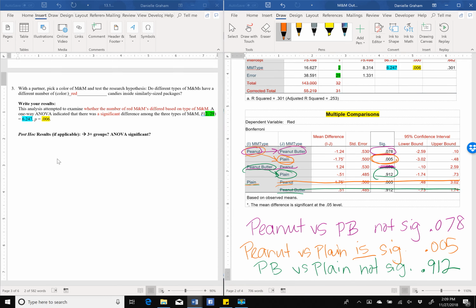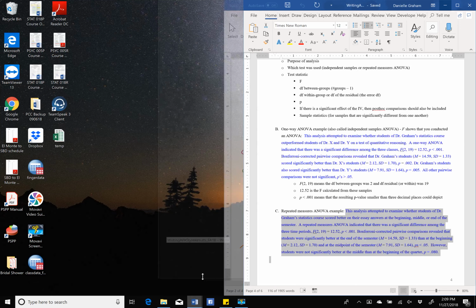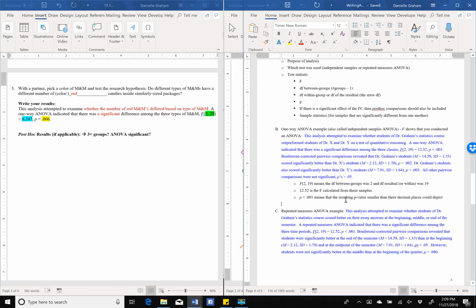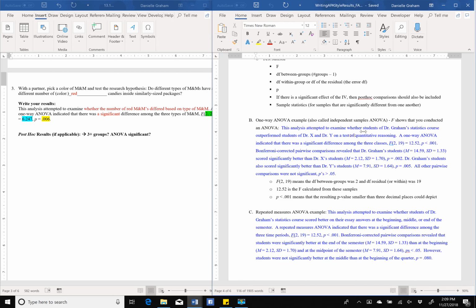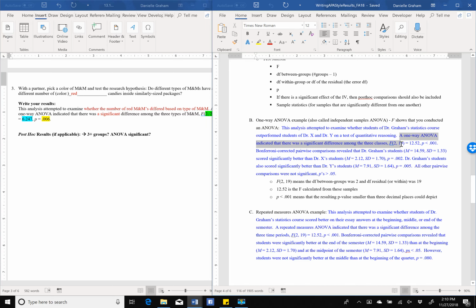So how do we write this up in our APA style? Again, we're referring back to the APA style guide handout. And so we see in here, it's saying a one-way ANOVA indicated there was a significant difference among three classes, and then gives some information, right? The ANOVA information. Then the next part, this Bonferroni corrected pairwise piece, this is the results of the post hoc test.